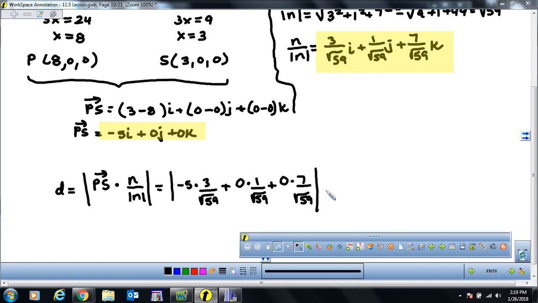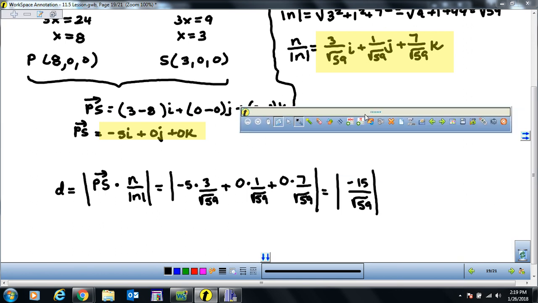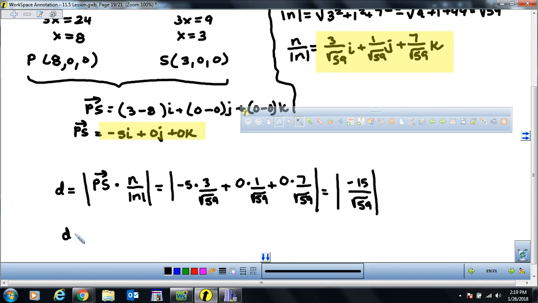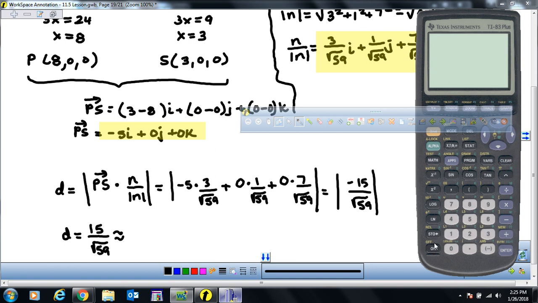So that will give us the following distance, negative 15 over the square root of 59. But the magnitude of that, when you square it and take the square root, gives you the same thing but positive. So the distance is positive 15 over the square root of 59, and we're going to approximate it using the calculator.